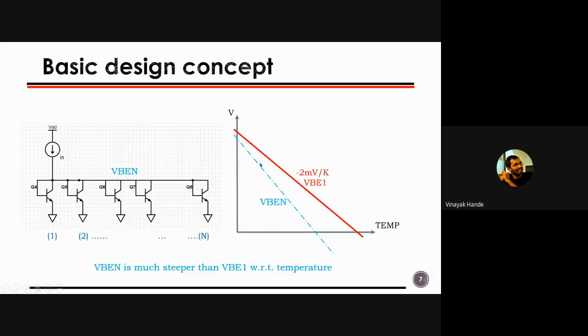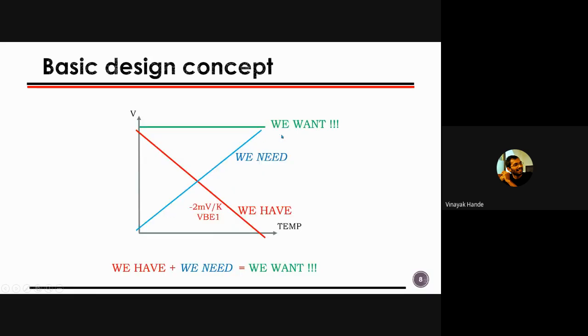It means we have two pieces of information: how VB1 varies with temperature, and how VBN varies with temperature. And now we know what we want. It is a little bit of philosophy: we have plus we need, what we want, right?